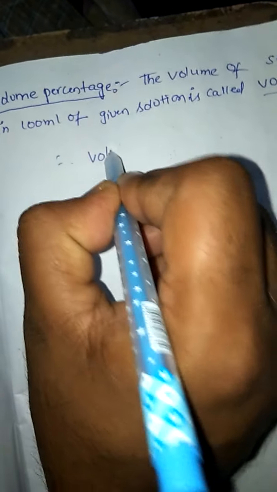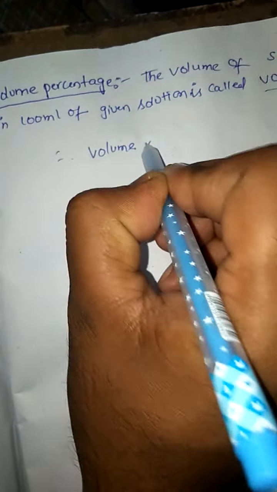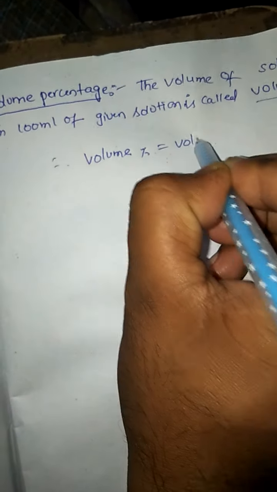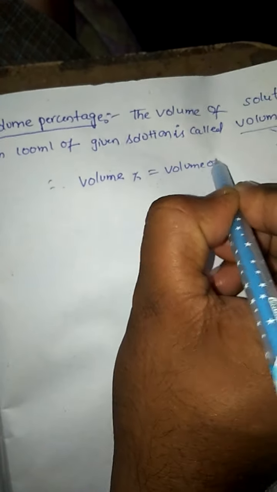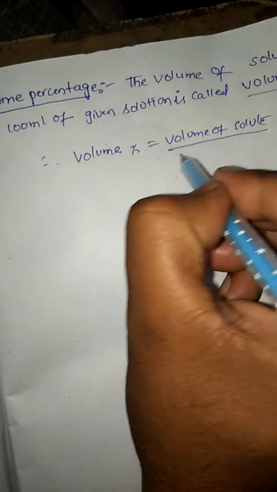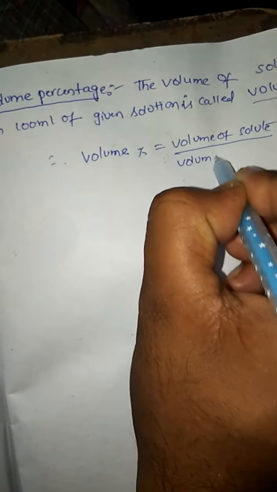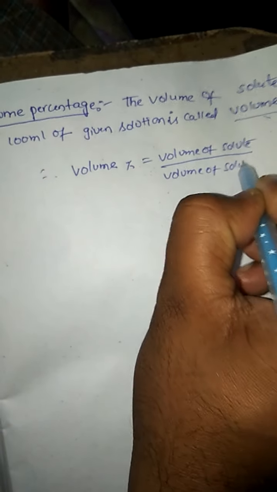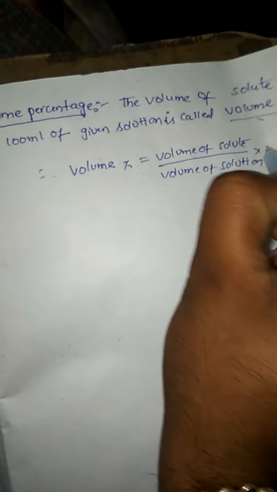Therefore, volume percentage equal to volume of solute by volume of solution into 100.